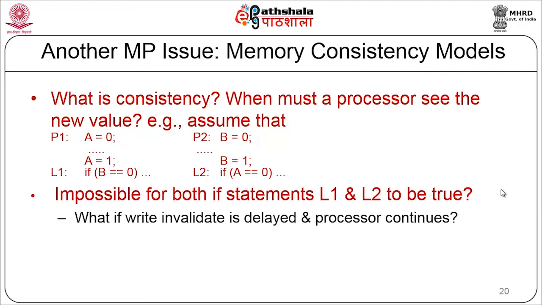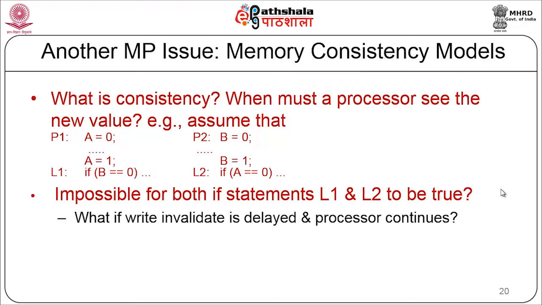Similarly, processor 2 has also cached A, B is 0, and at some point B is set to 1, and the condition check happens on A equal to 0. Now if all this happens as we see here, A has been set to 1 by P1 and B has been set to 1 by P2. So when both processors execute the conditional statements, you will find that the conditions will not be satisfied. Both these conditions are not going to be true.